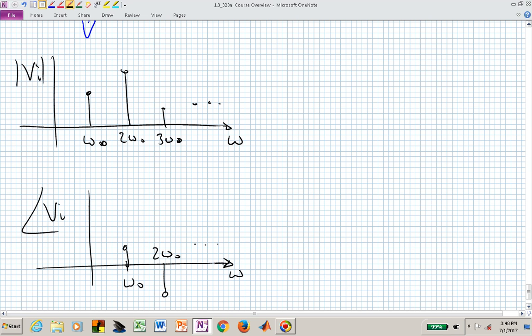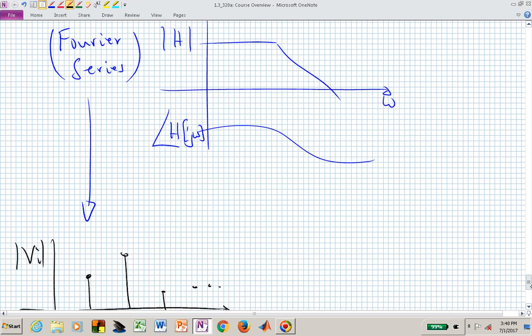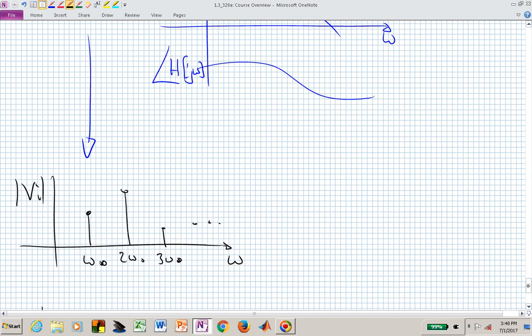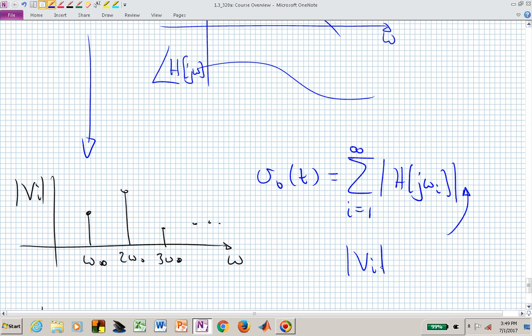Etc. We can then combine how these sinusoids are passed or influenced by the system, the frequency response, to produce the output, which is now a combination, because we're dealing with linear systems, of how the system itself behaves at each of these frequencies, which I'm representing as omega sub I. That will scale the magnitude of v sub I, times cosine of I omega naught t.